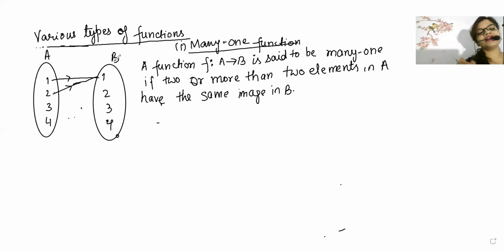But it is not necessary that all the domain elements will map with one codomain element. Other elements can go like this mapping, and one particular element can go like that mapping.